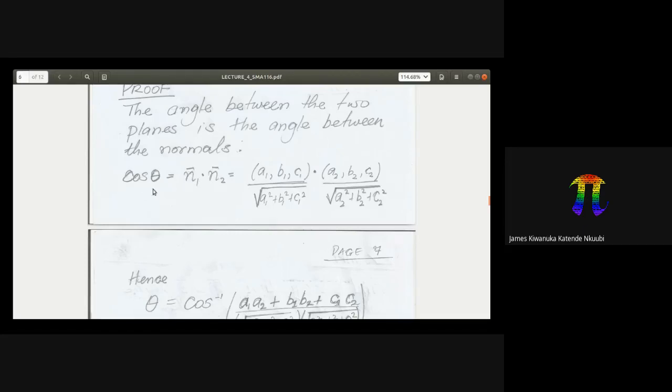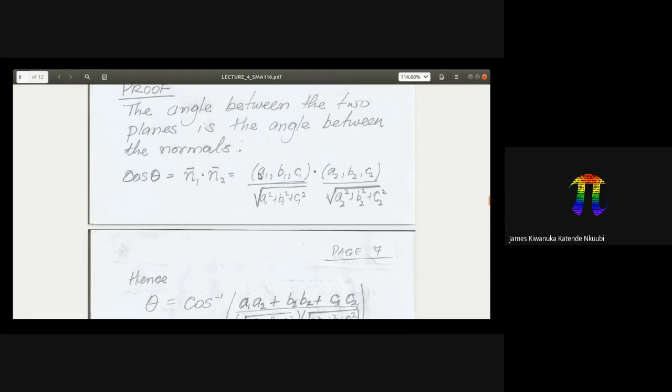And we can find the angle between the unit normals as n1 dot n2. I don't know if this should make sense to you, because the dot product of two vectors is supposed to be equal to the product of the magnitude of the two vectors multiplied by the cosine of the angle between the two vectors. But now these two vectors are unit normal vectors, so their length is 1. So the product of the magnitude will just be 1. You'll be left with only cosine theta.